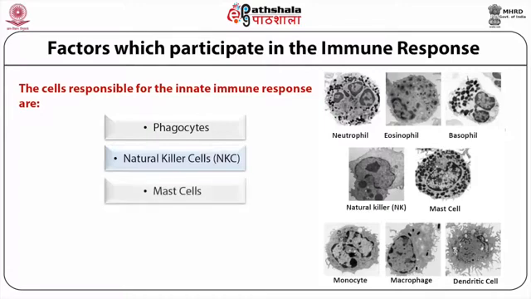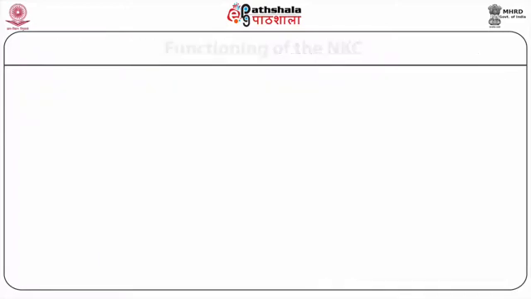Then there are mast cells, and finally there are dendritic cells. In other subsequent lectures, we will have an occasion to describe these cells in greater detail. However, in this module, we will briefly look at the functioning of the various cells.